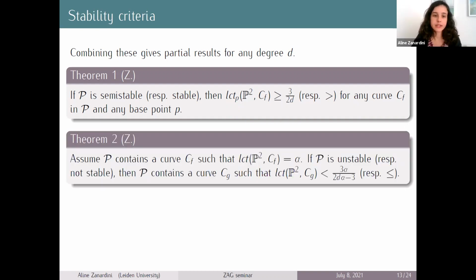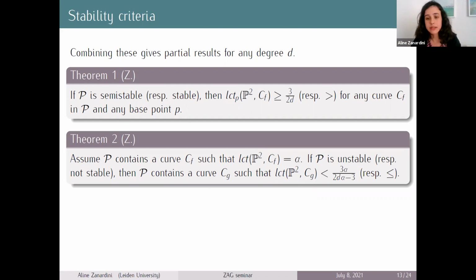The second one is sort of in the other direction, and it says the following. First, there's this condition: we assume that the pencil P contains a curve such that its log canonical threshold equals some alpha. This might sound a bit weird, but for instance, we might be interested in the case where the pencil contains a smooth member, so then we can take alpha equals 1. Okay, so we assume this, and what we can show is the following.